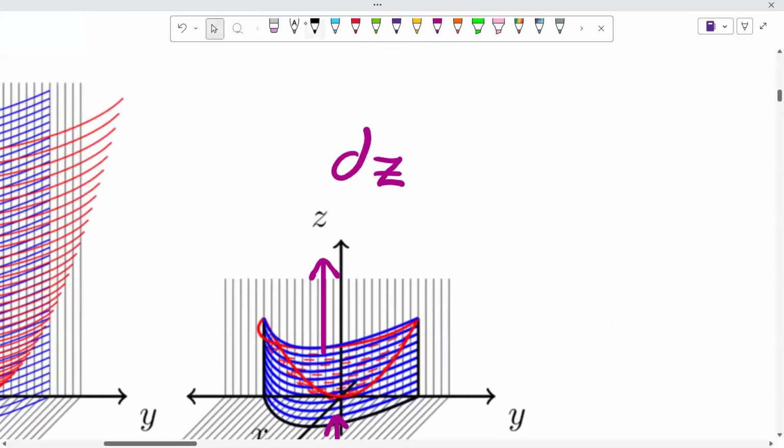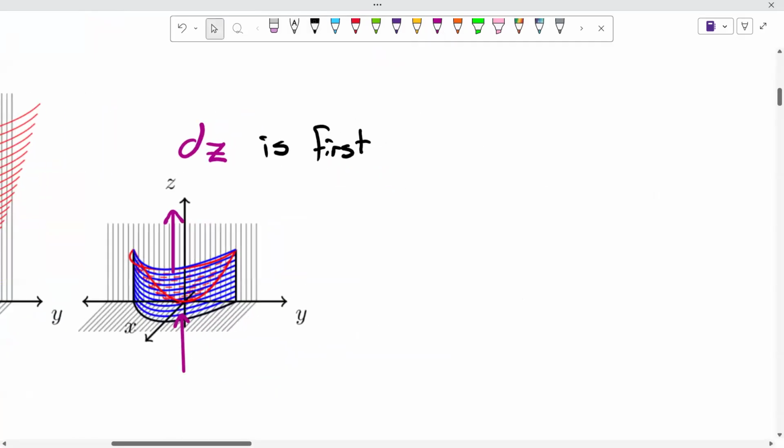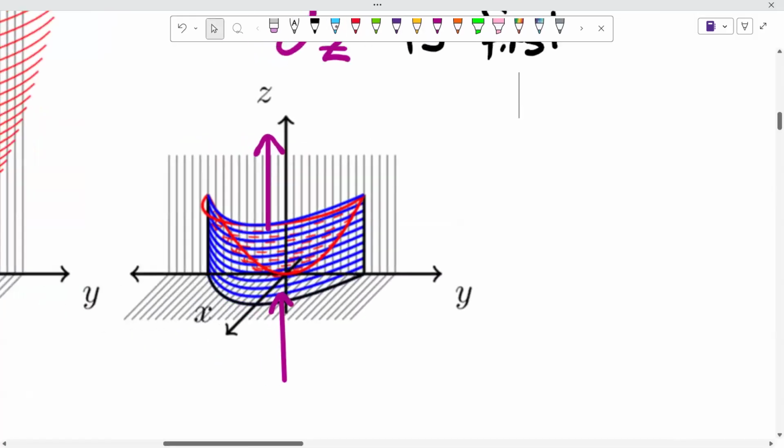So dz is first. That's what we just decided. So now we've got to figure out what we're going to do second, which might mean that it's helpful to draw our remaining shape.